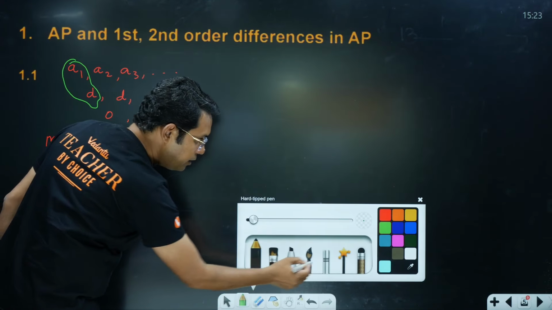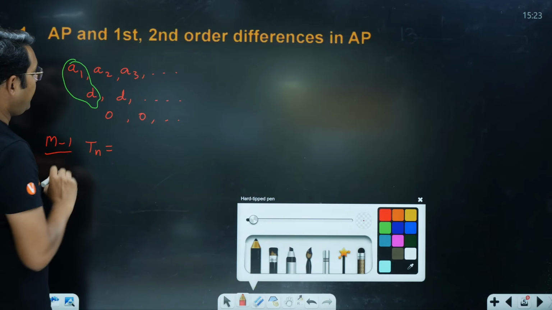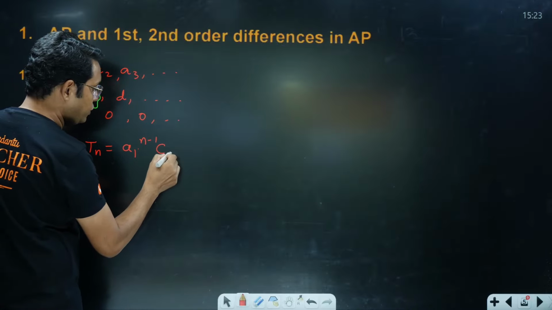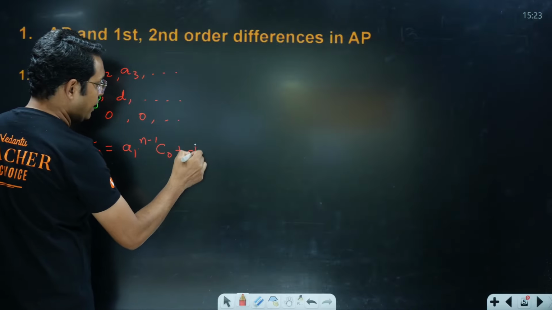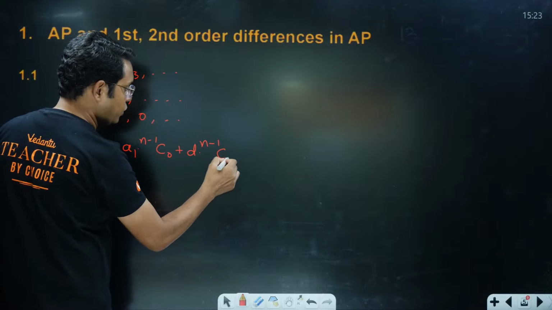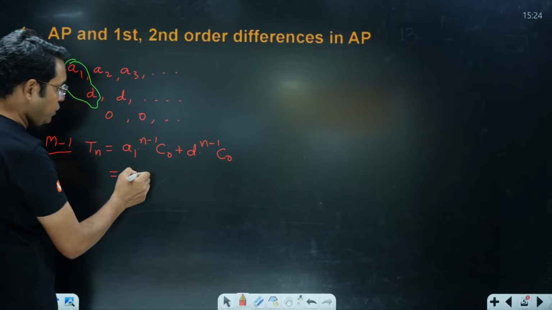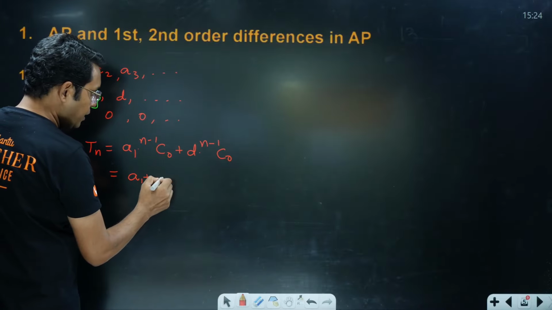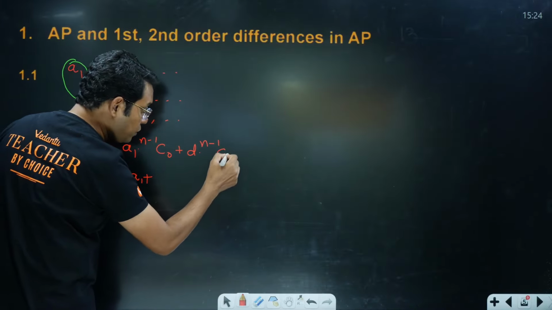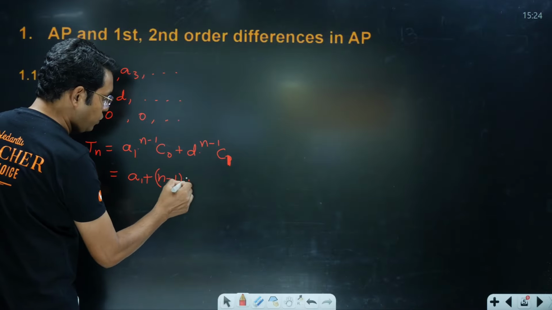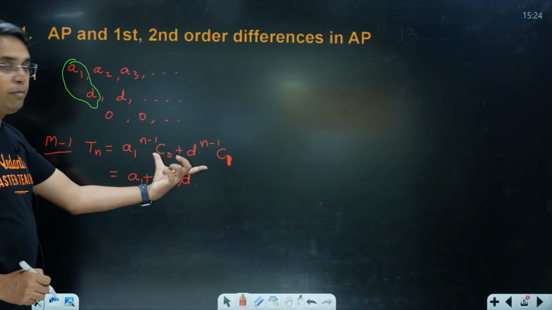Then this Tn would be A1 multiplied with n minus 1 C0 plus D multiplied with n minus 1 C1. You can verify by putting the values of n minus 1 C0, which is 1, and n minus 1 C1, which is n minus 1, so that will be n minus 1 into D. So you can see this Tn can be found that way.